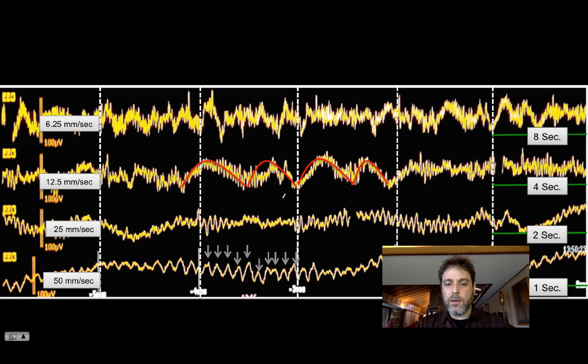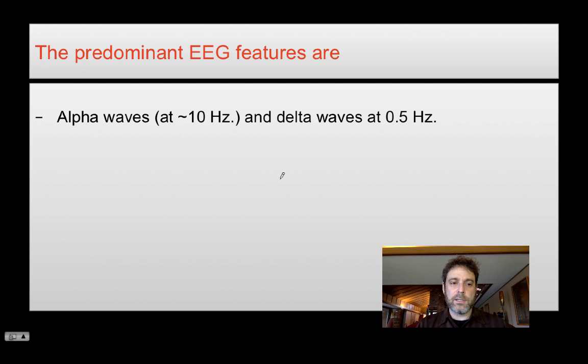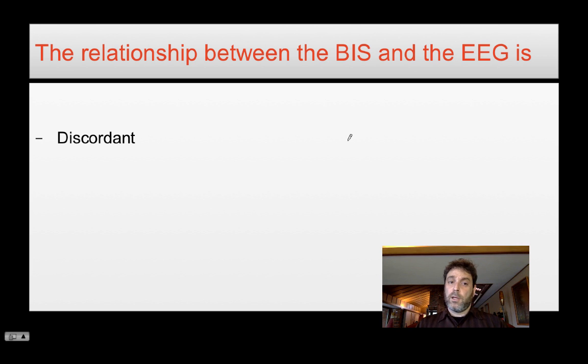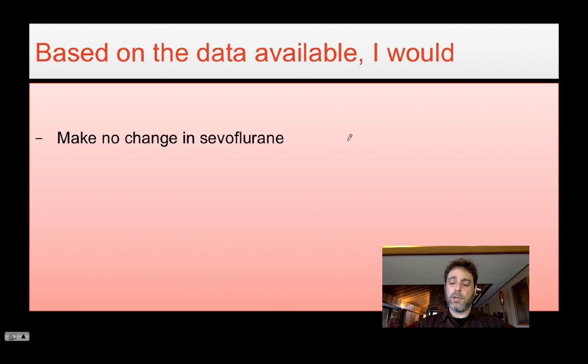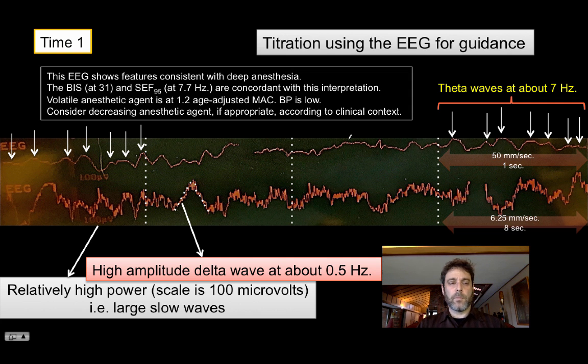So there are the slow delta waves with the alpha spindles at 10 Hertz, phase amplitude coupled with those slow delta waves, and this is consistent with adequate general anesthesia. So the predominant features, just to recap, are alpha waves at 10 Hertz and delta waves at half a Hertz. The relationship is discordant and no change is needed.